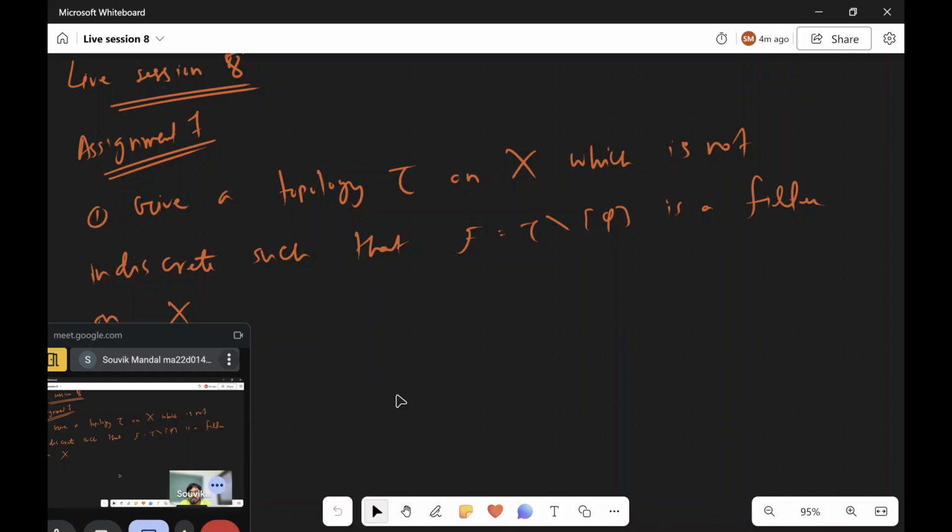The question is that, give a topology tau on X which is not indiscrete such that F equal to tau minus phi is a filter on X. That is what you need to prove.